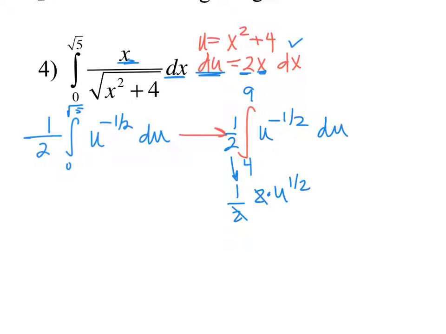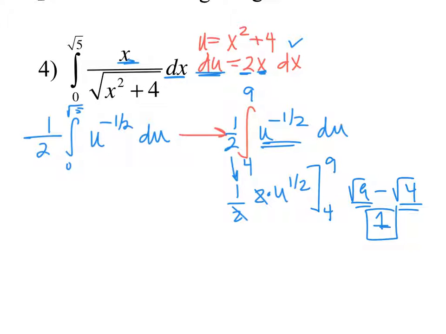So the integral of u to the negative 1/2 is 2 u to the 1/2, because it's u to the 1/2 over 1/2, multiplied by that 1/2. So that's u to the 1/2, evaluated at 4 and at 9. So we're going to do the square root of 9 minus the square root of 4, so f of b minus f of a, which gives us 3 minus 2, which gives us 1.